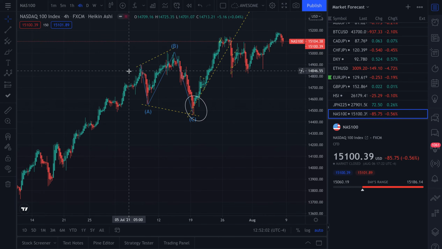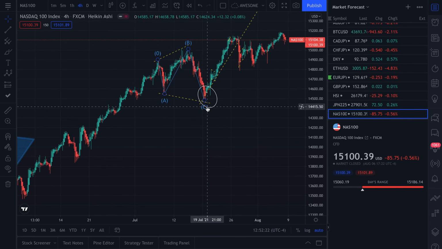Expanded: a trend line going up, and a trend line going down, all right? But the top one needs to be pointing up, and the bottom one needs to be pointing downward. So the top trend line, upward sloping, bottom trend line, downward sloping. Very important. And what do you see? The C breaks the low of the A, which means this correction is building up a lot of momentum.